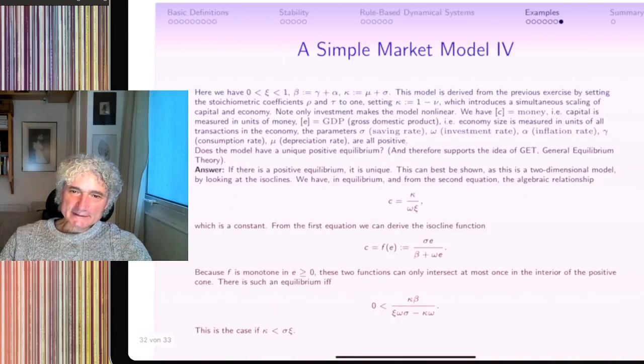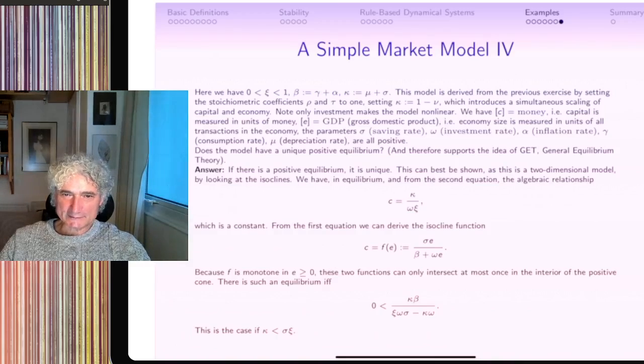And the interesting thing, and this is how I constructed this model, is that this model satisfies the so-called general equilibrium theory, a very old theory stemming from the 19th century, which essentially assumes that the market is always in equilibrium. And you can prove that there is such an equilibrium. You can also investigate under which conditions this equilibrium is stable.